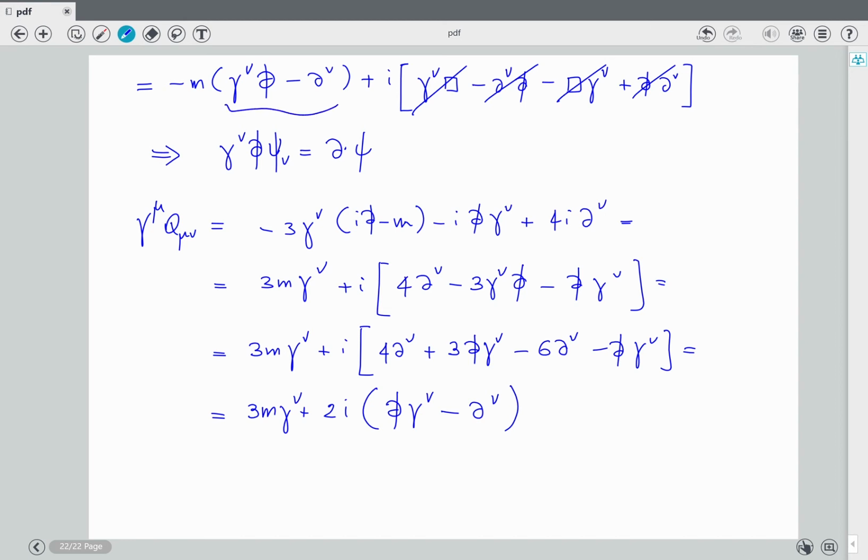This thing is a little bit different, but we can show that this is 0 as well.